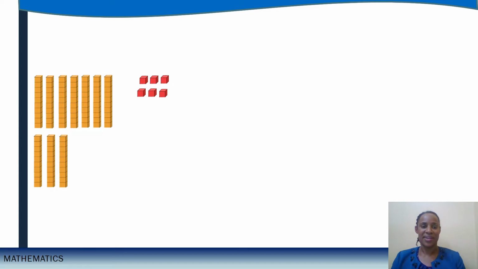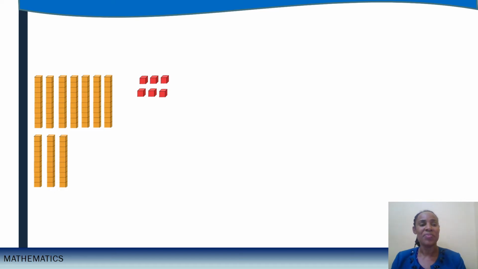Now, boys and girls, I want you to look at these base 10 blocks and tell me what number they represent. Wow, I can hear you saying, first I have to check, and you are on the right path. So first of all, let's observe the base 10 blocks that are shown here. We have longs and units. How many longs do we have?